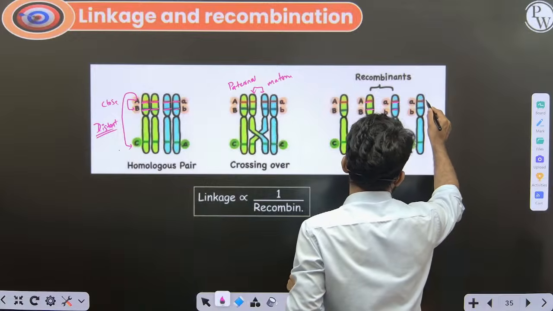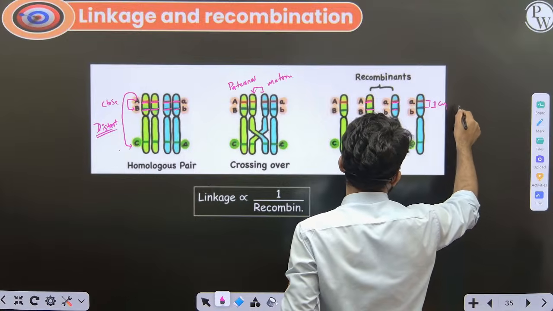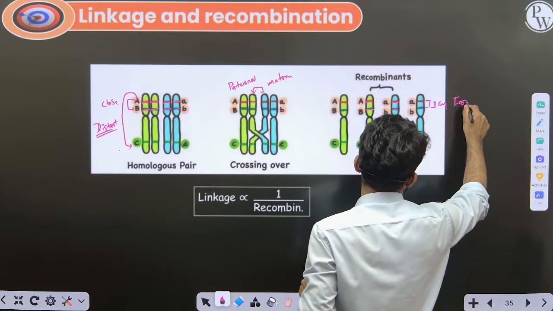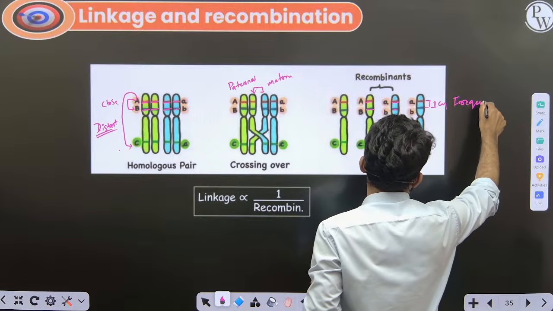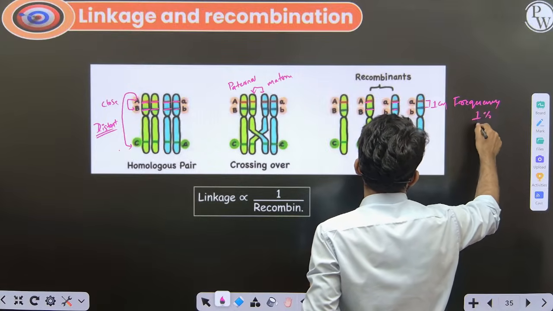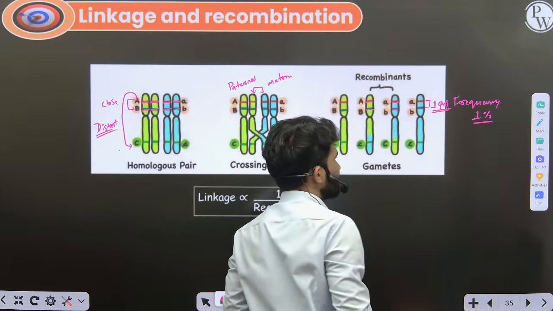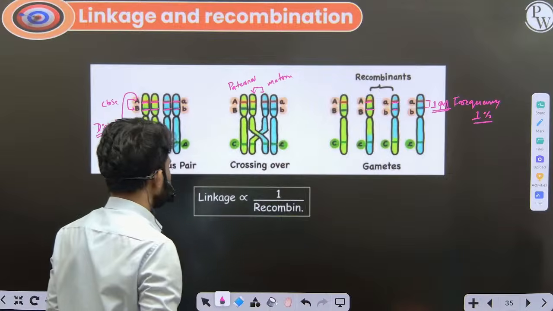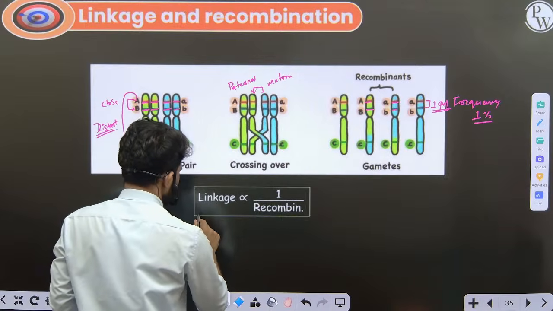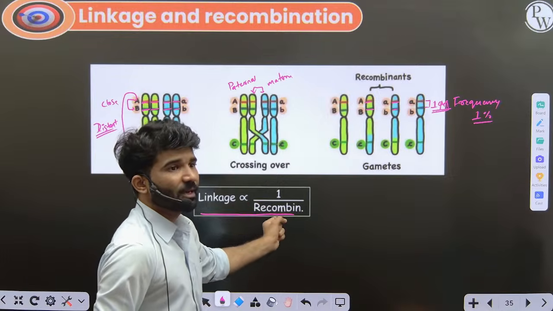The distance is measured in centimorgan: 1 centimorgan means the frequency is less than 1%. The frequency of recombination is inversely proportional to linkage.